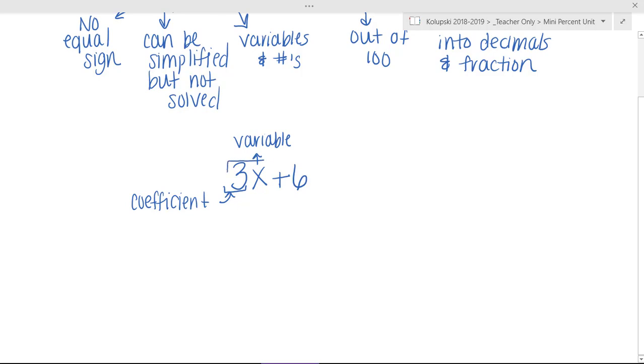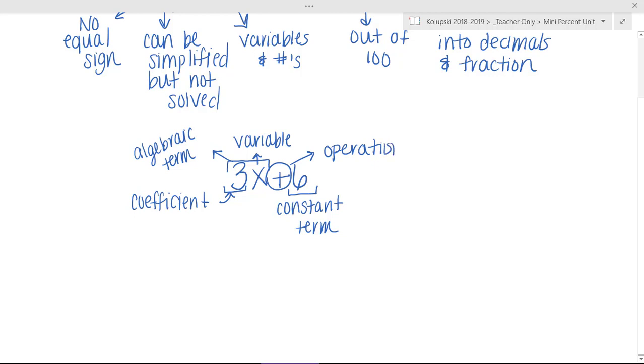The 3x is called the algebraic term. The 6 is called the constant term. And the plus sign is the operation symbol. So those are our components of an expression.